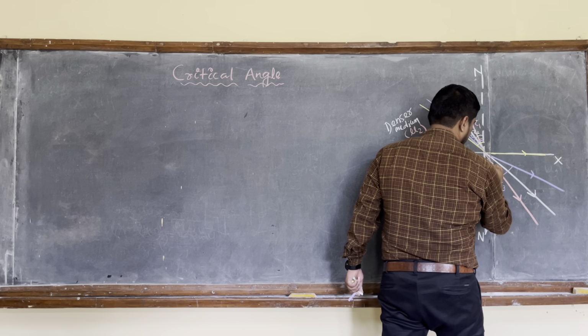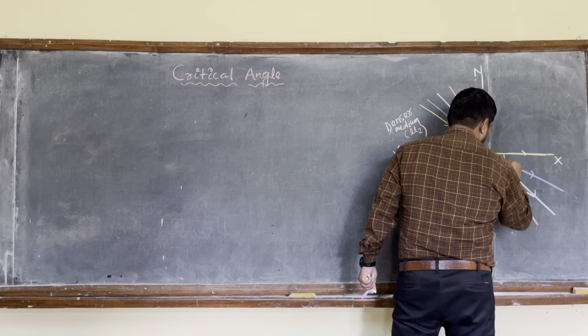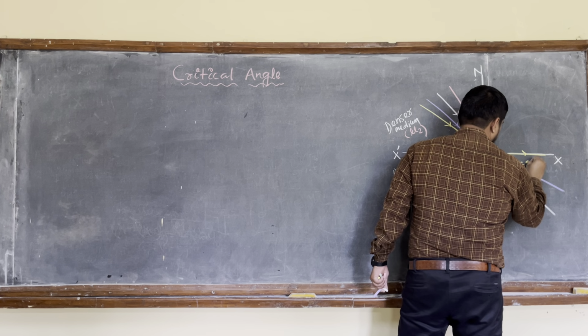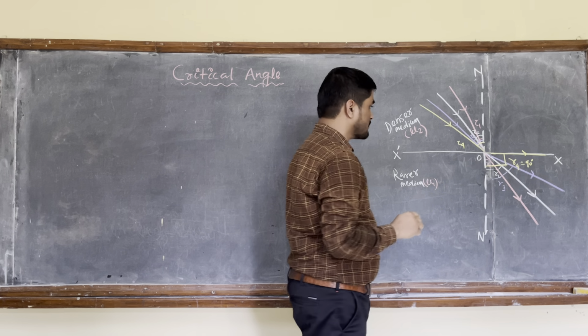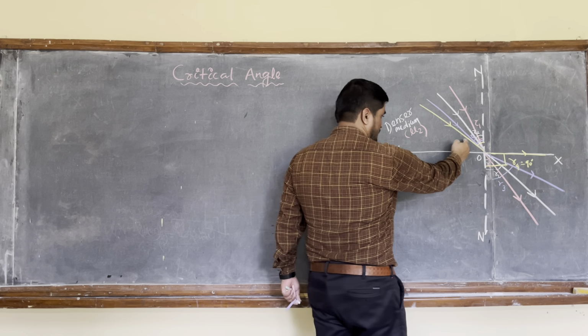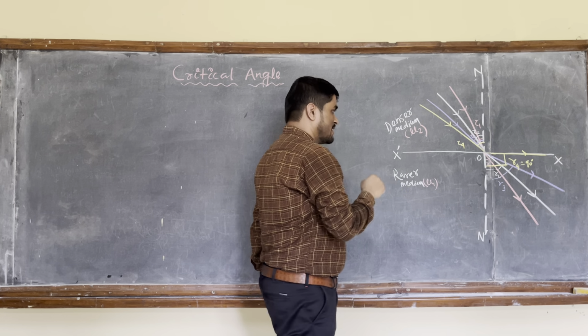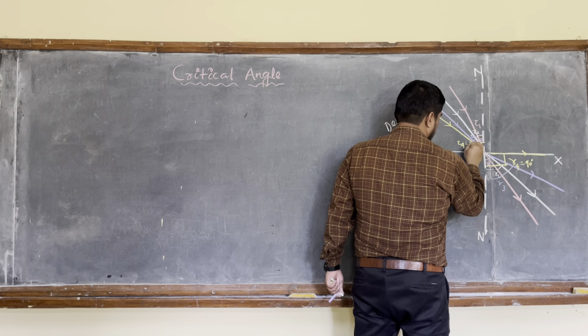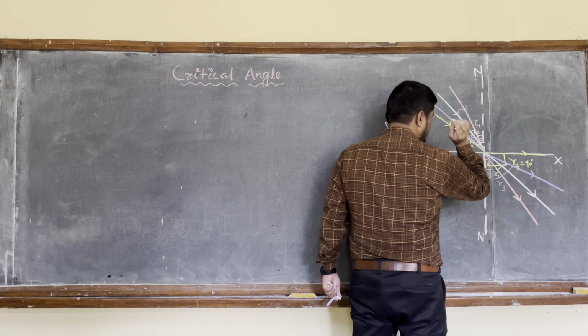That means this angle, the refracted angle R4, will be 90 degrees. So for this particular angle of incidence, it is said to be the critical angle. You can denote it by IC.